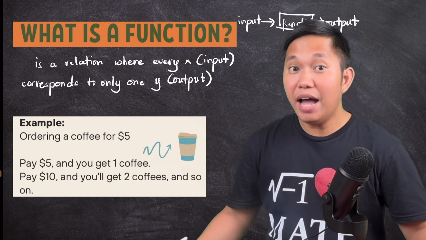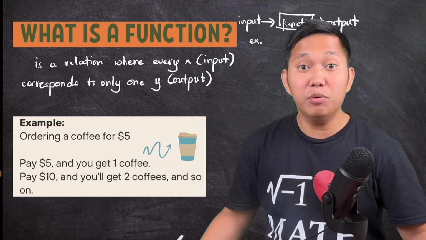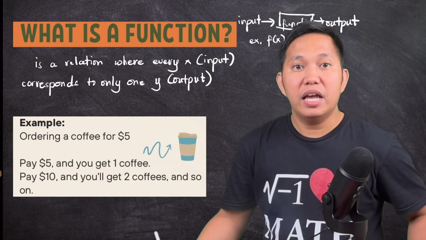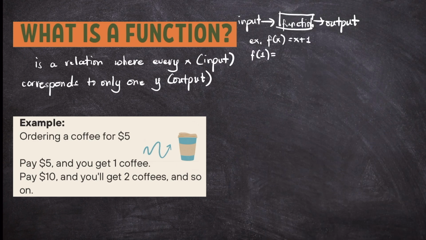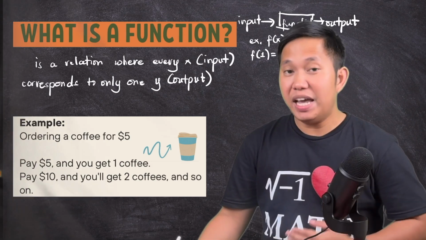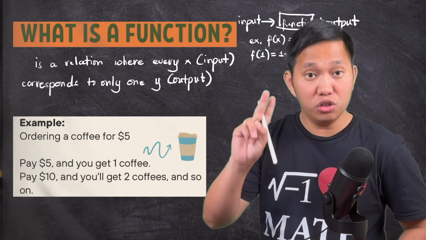For example, we have the function f of x is equal to x plus 1. If I input 1 to the function, that is, f of 1 is equal to 1 plus 1, and that gives me a value of 2. It gives me a single unique output, which is 2.